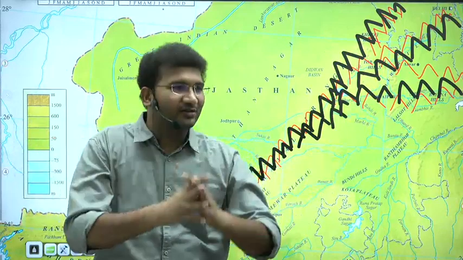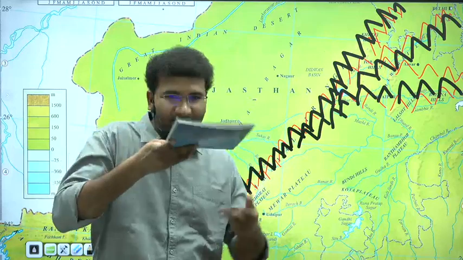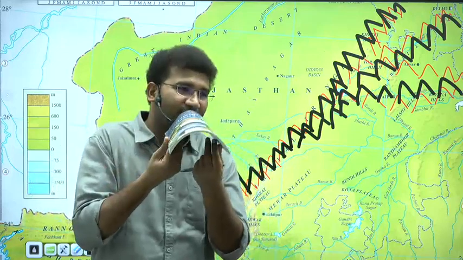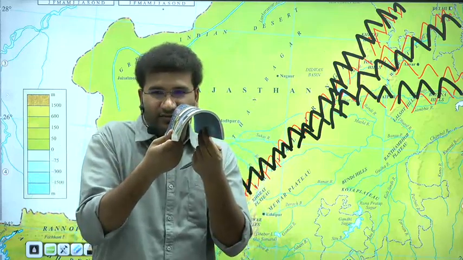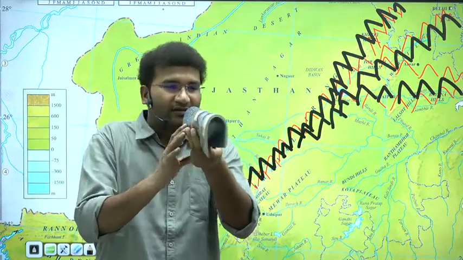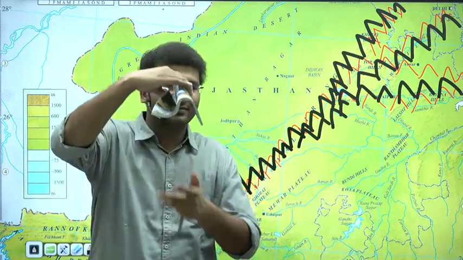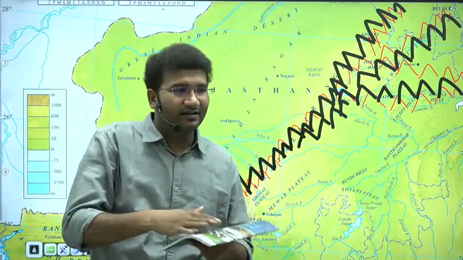Crush it again. Suppose, see here. Imagine this is a crust. I have folded once, and one set of mountains formed. Then I have decided to fold more. Then later on, don't you think the folding will be of this sort? Right?